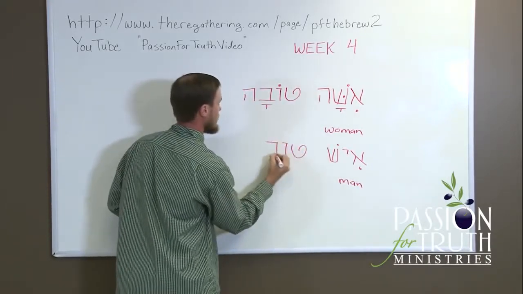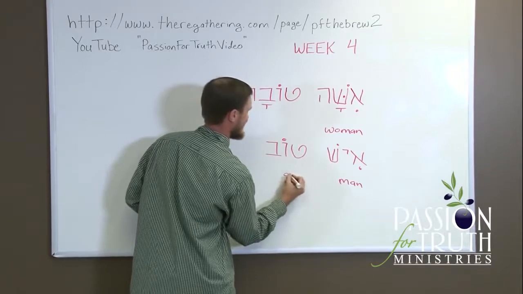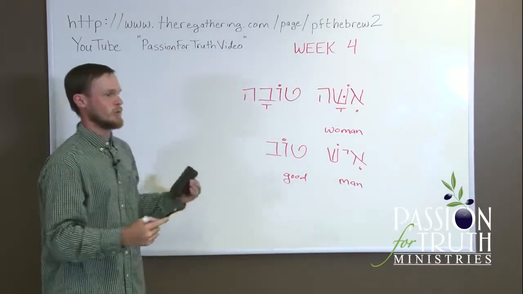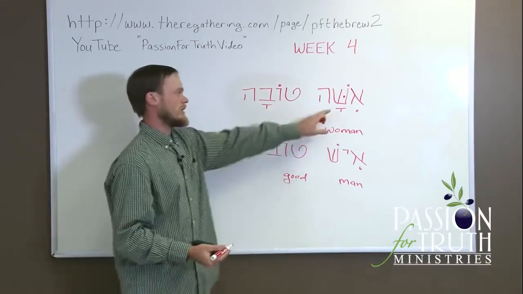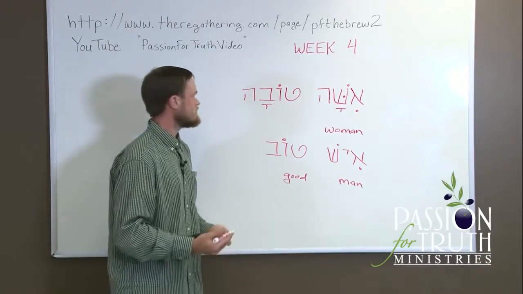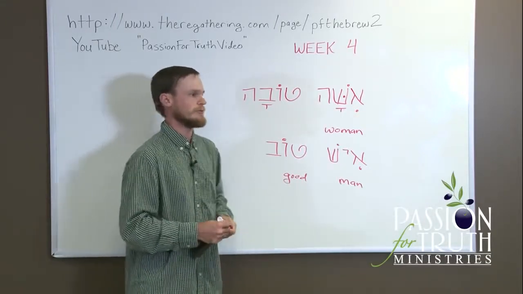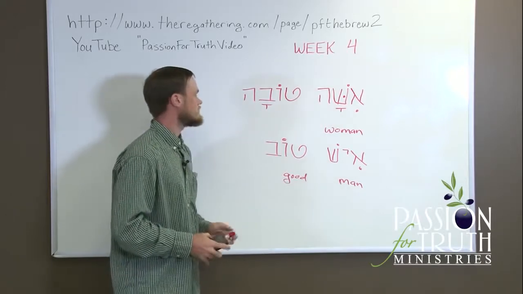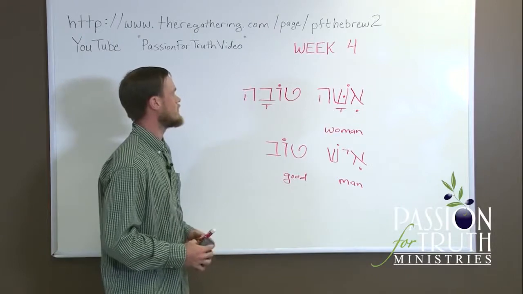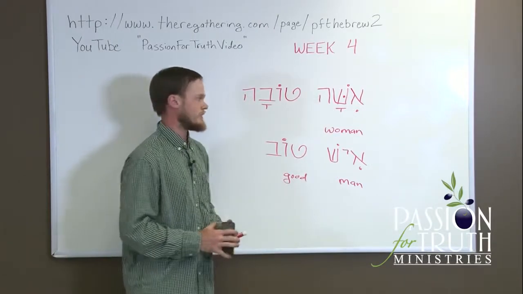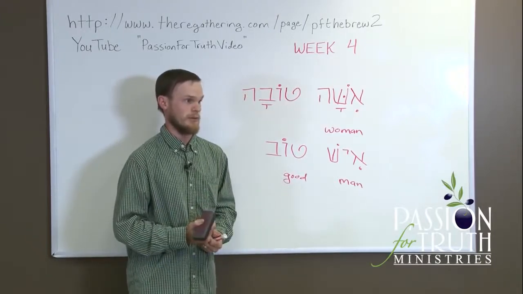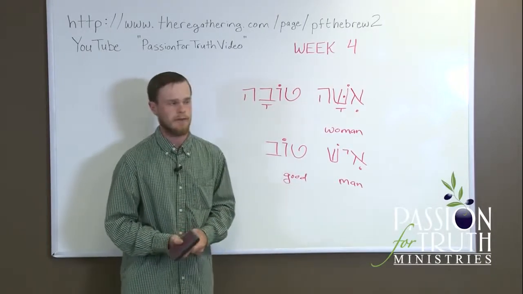Ish tov. Okay. So ish tov, good man. Isha tova, good woman. Okay. So not all nouns end in this kamatz hey, but many of them do, and it gives a kind of sort of melodic character to the language. Okay, so that's how the gender of the adjective will change to fit the noun that it's modifying. Okay, are there any other questions about that?